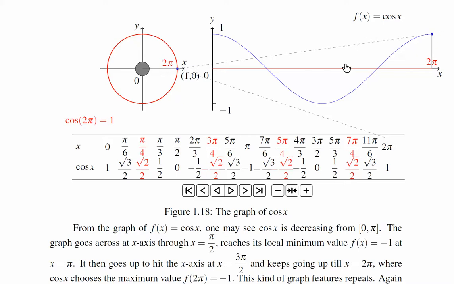Okay, and for the symmetry property, you can see cosine x starts with 1 when x is 0, and it goes down in this way. On the left-hand side, it would be like this. It starts with 1, then goes down to the left.